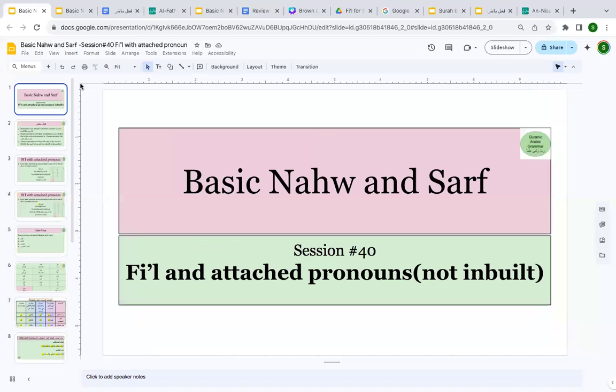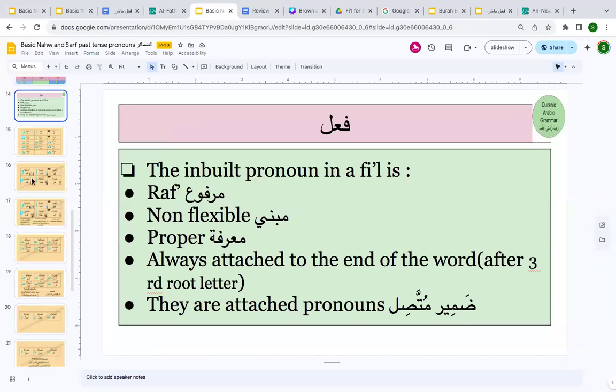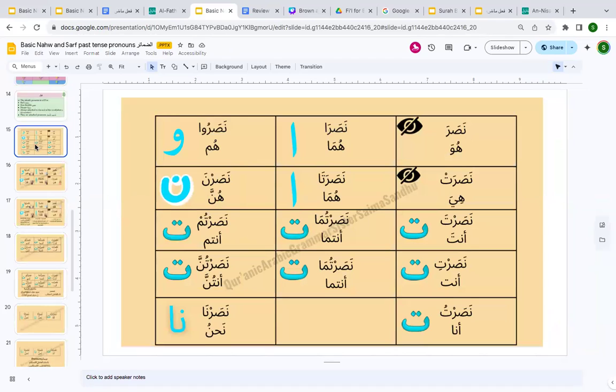Ameen. Beautiful job. So now this was our fail Madin table. Everyone, I hope by now, is somewhat at ease with the pronouns. And if I give you now the words, you should be able to give me the meaning.